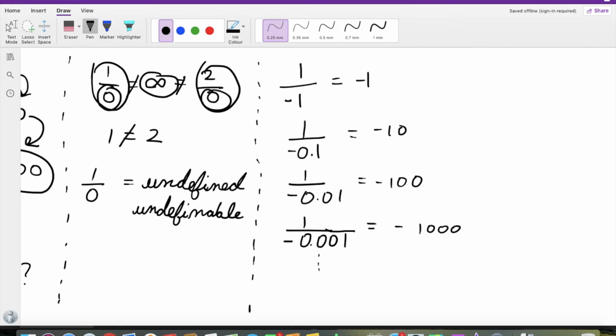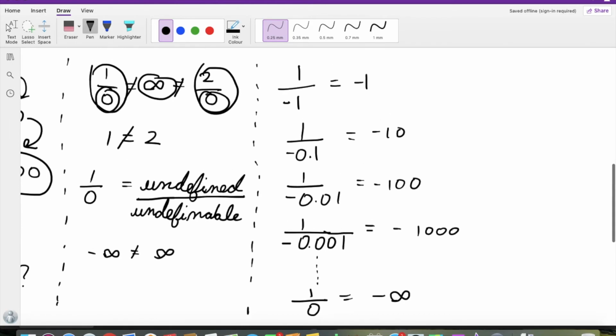And we can keep going, and finally we'll come to 1 divided by 0, which would give us negative infinity. So, negative infinity can't be equal to infinity. Therefore, we say that it is undefined. And now we have proved why.